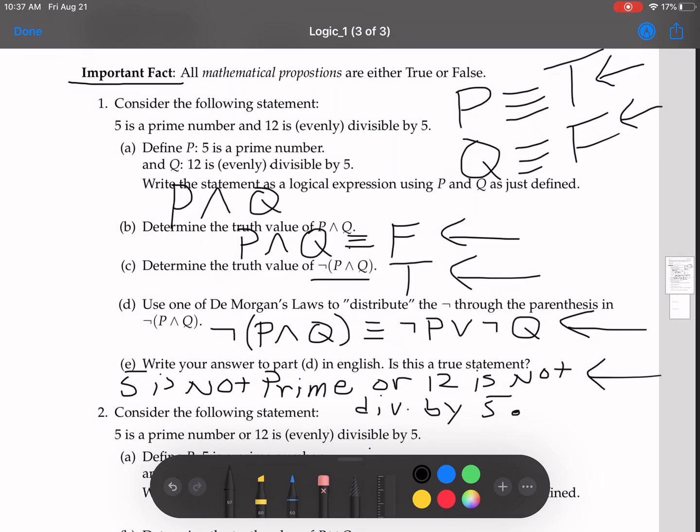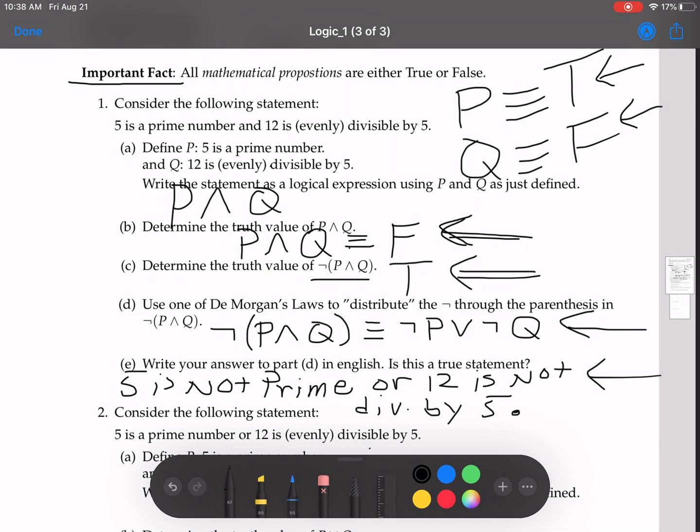Because they're equivalent, they have the same overall logical meaning. So now think about saying this: 5 is not prime, or 12 is not divisible by 5. This is a true statement. We know this is true because P and Q was false, so we know that the negation of P and Q is true.